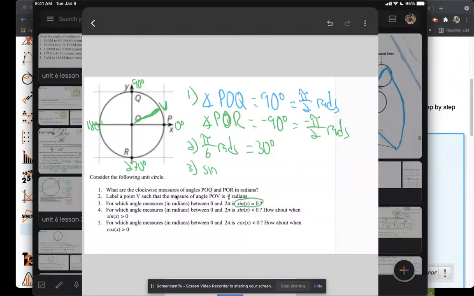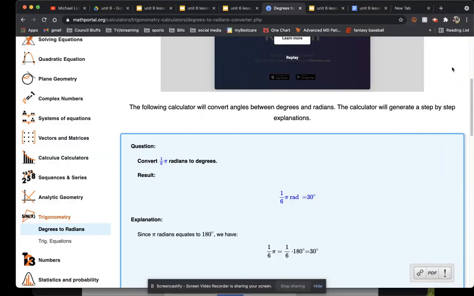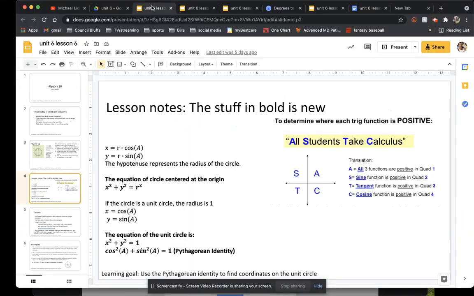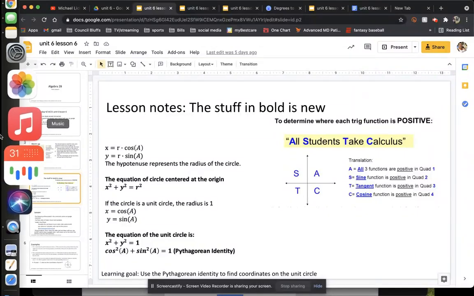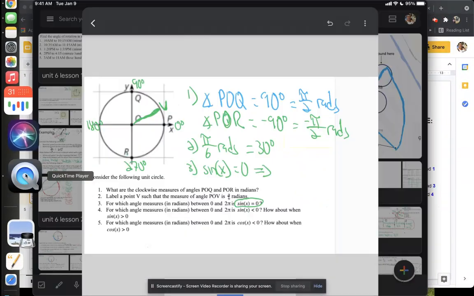So sine of x being 0, what that means, let's go back to our lesson notes from lesson 6. Remember, sine in a unit circle is the same as y, according to our lesson notes here. So when they say that sine of x is equal to 0, what they're really saying is that y is equal to 0.